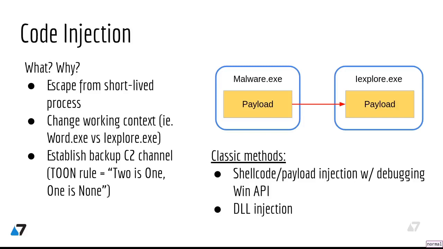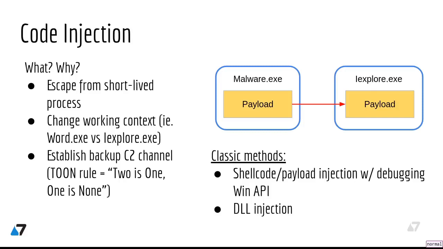Okay. Another reason is changing your working context. What do I mean by that? Let's say your payload got executed inside the Word.exe process. Now you want to execute an additional payload, like a second stage shellcode, for example, but it needs to be downloaded from your control server, which is on the internet.